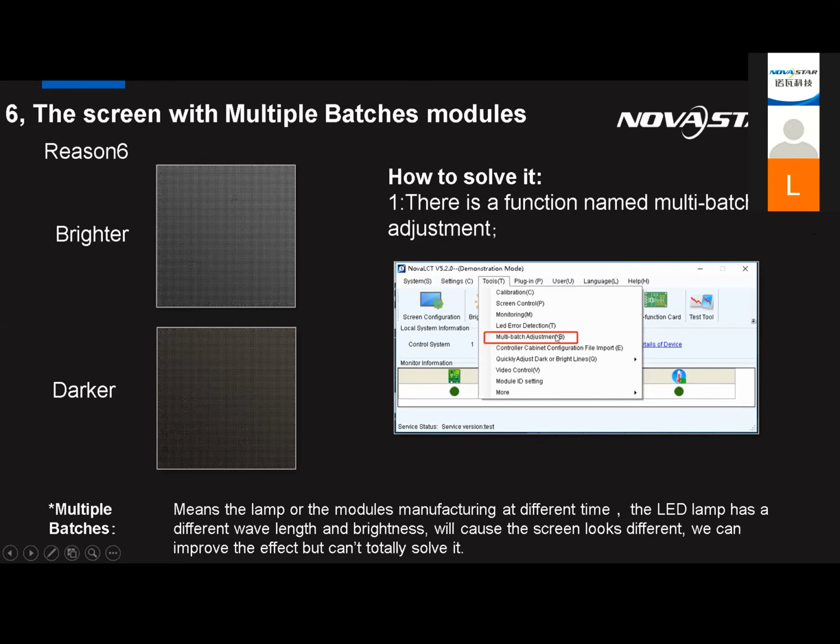It's very straightforward. You open multi-batch adjustment, choose a specific module and adjust its red, green, and blue color. Turn it down or turn it up. Adjust each color and try to match the others.